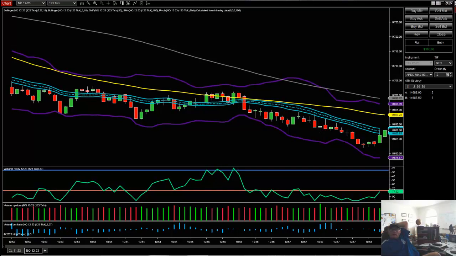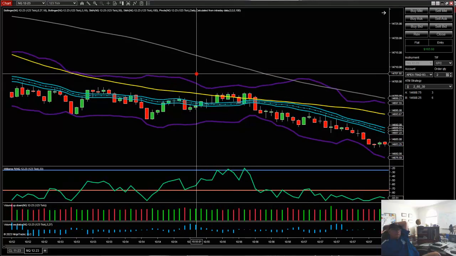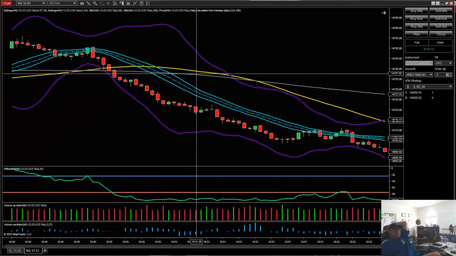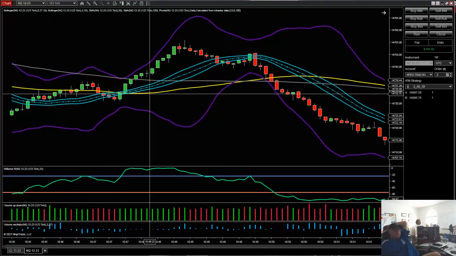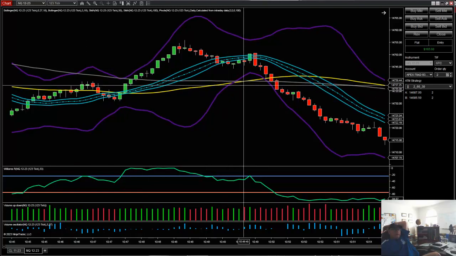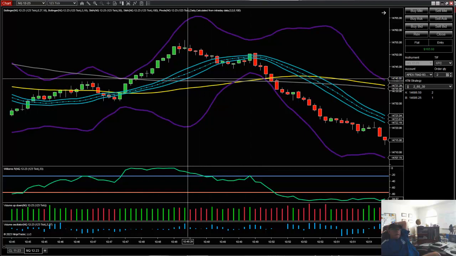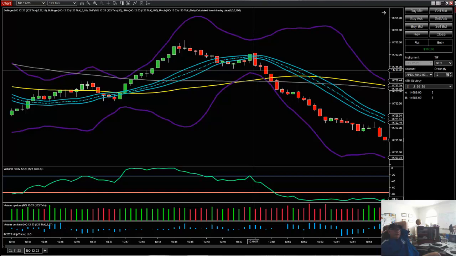Well, that's been straight down pretty much since 10:48. Nice solid entry right there if I would have been paying attention. I was worried about that next bar forming.